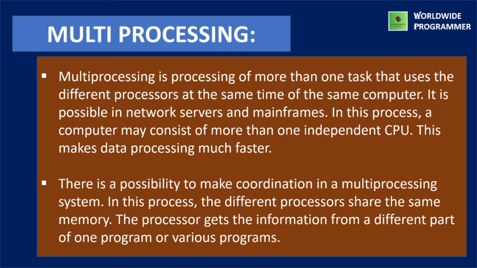In this process, a computer may consist of more than one independent central processing unit or CPU. This makes data processing much faster. There is a possibility to make coordination in a multiprocessing system. In this process, the different processors share the same memory. The processor gets the information from different parts of one program or various programs.